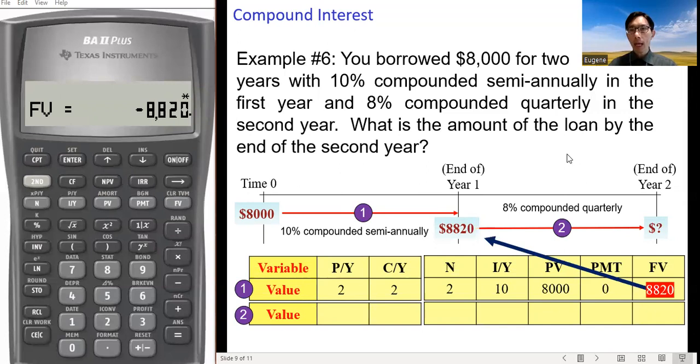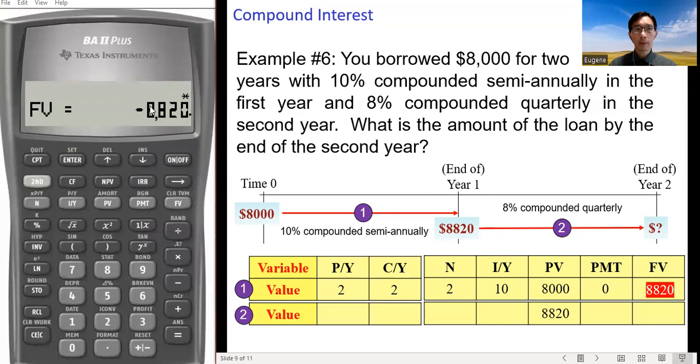For the second time segment, this value 8,820 corresponds to the present value. So in case we forget this number, on the calculator, we will input this value first. So here we have negative 8,820.